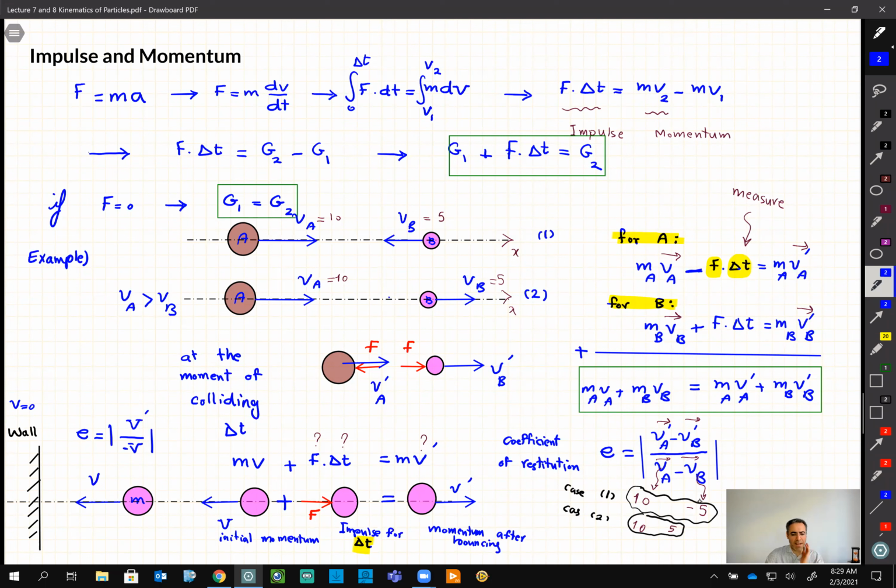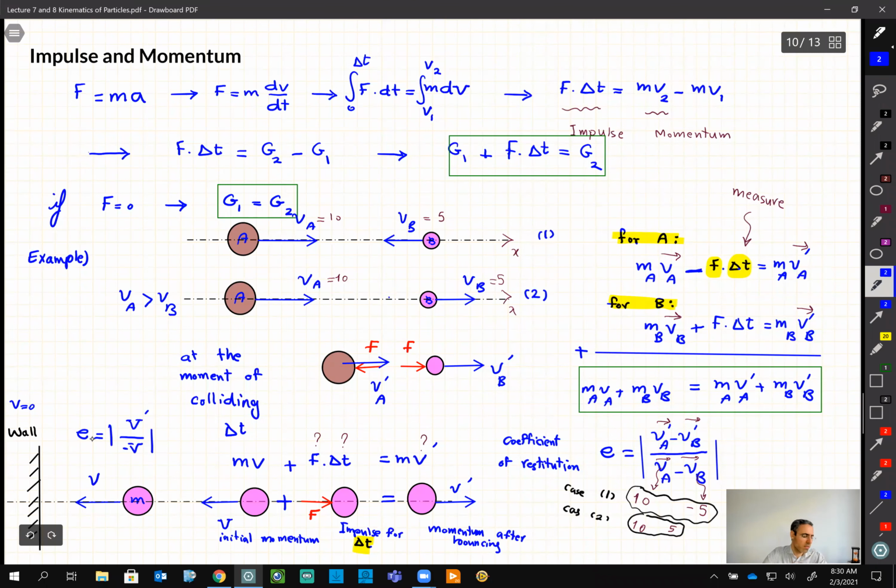Okay, so we have E, but still we have two unknowns. What should we do? We still cannot solve this problem. Any idea? So one more time, this is what we got, right? mv, initial momentum, plus impulse is equal to the momentum after bouncing back, mv prime.